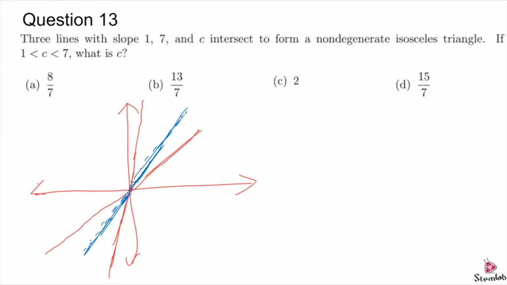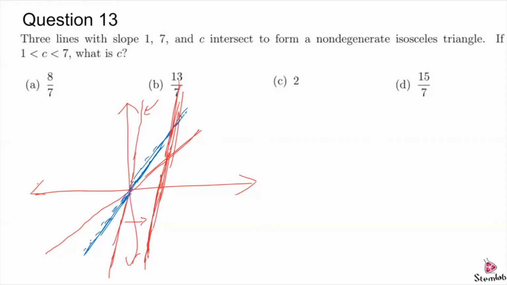So what we'll do is we'll shift one of the red lines, the one with slope 7, over to this side, and hopefully it's clear that we can form a triangle. Not quite sure yet of the isosceles nature, right? But let's say that was the slope, this line that shifted to the right.